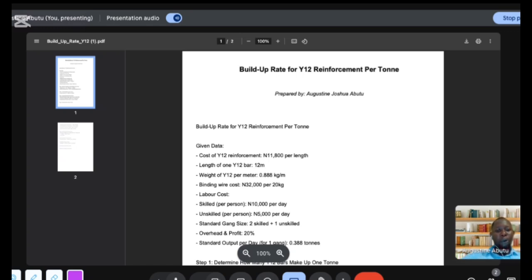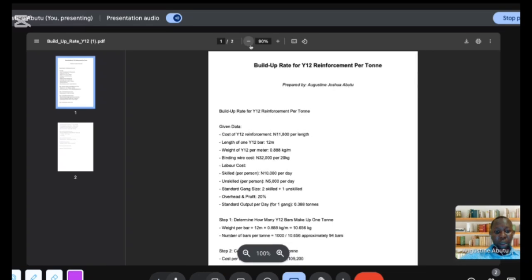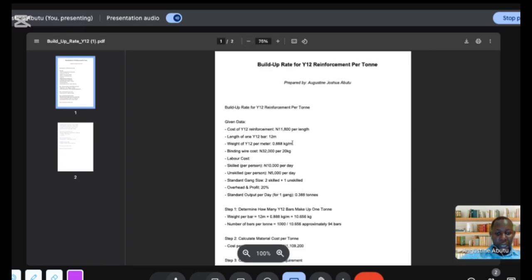Now the reason why I'm using all of these formulas is because we want to know how many length in 1 ton, so that we'll be able to know the cost of 1 ton. Hope you are following, right? So now we have the weight in kg. You multiply the weight by the length of one bar. The length of one bar is 12 meters. So you multiply the weight in kg, 0.888, multiply by 12.